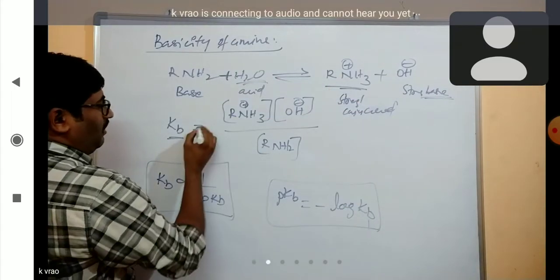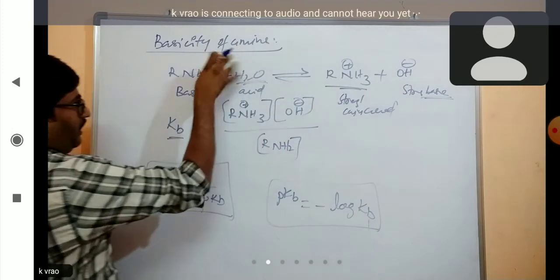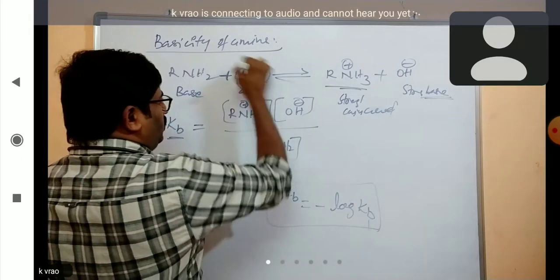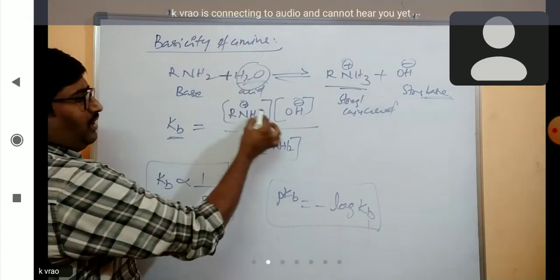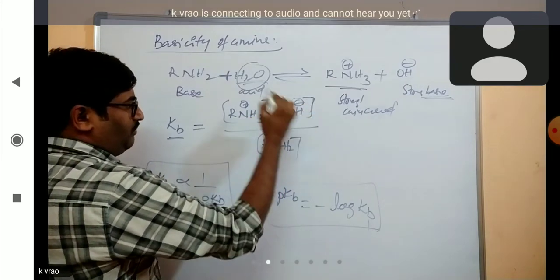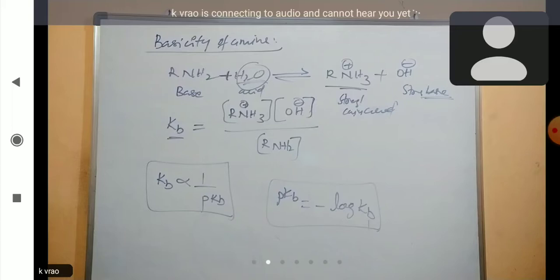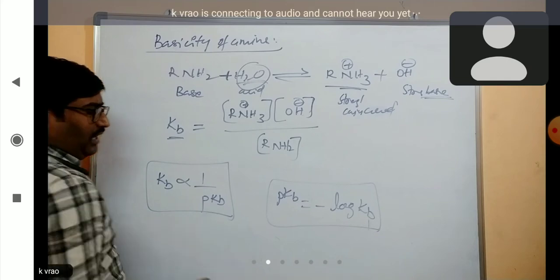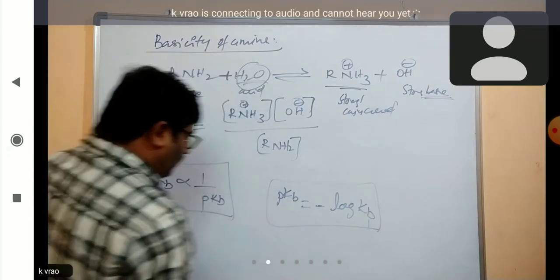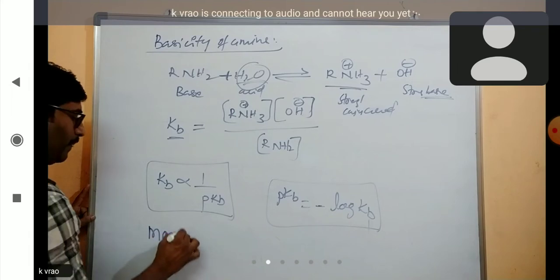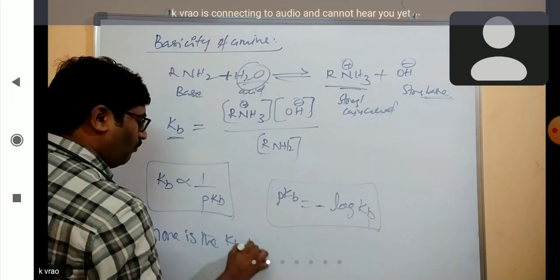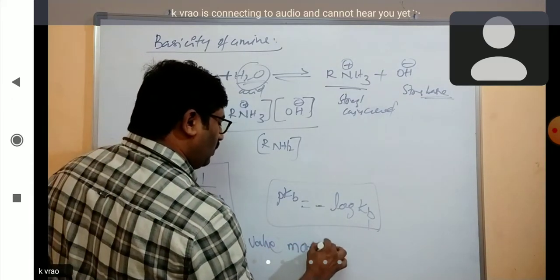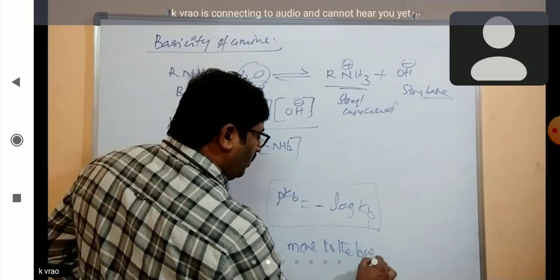The Kb value is equal to concentration of the products by concentration of the reactants. Here we don't consider the H2O concentration, as it is in excess. So RNH3 plus into concentration of OH minus by concentration of RNH2. So the relation is Kb is inversely proportional to pKb, and pKb is equal to minus log of Kb. The more the Kb value, the more the basicity, and vice versa.